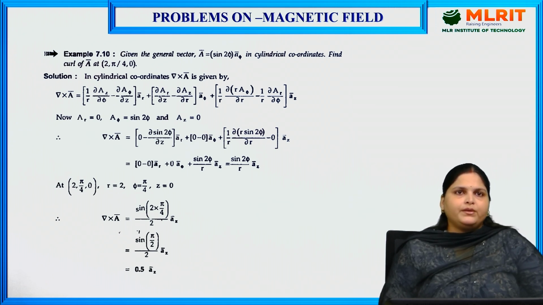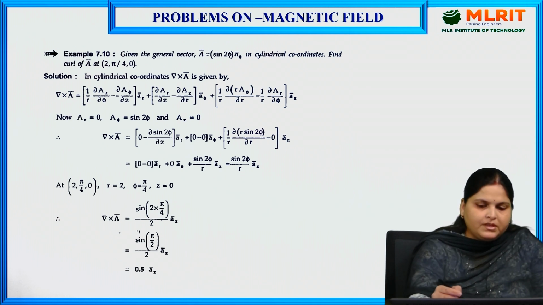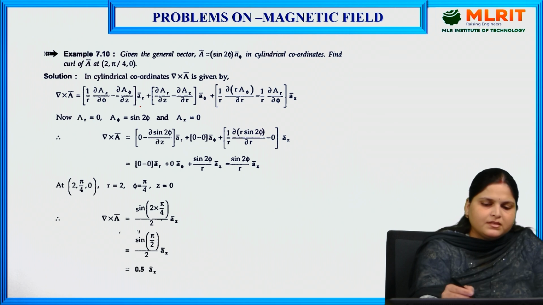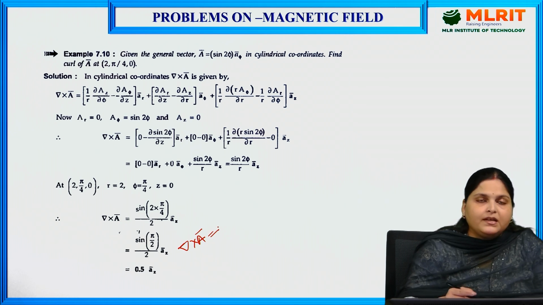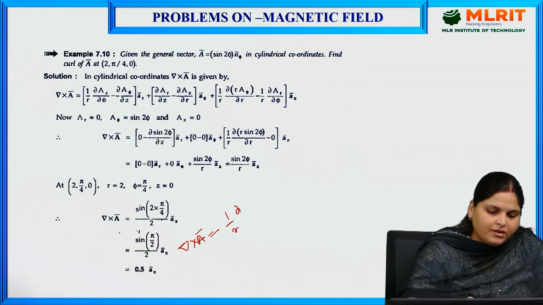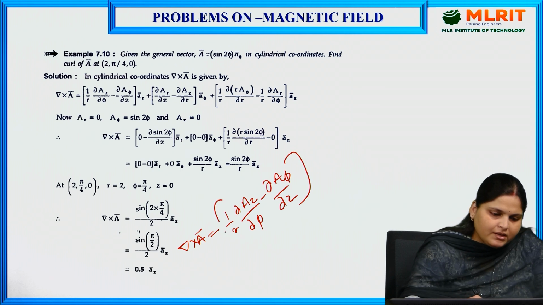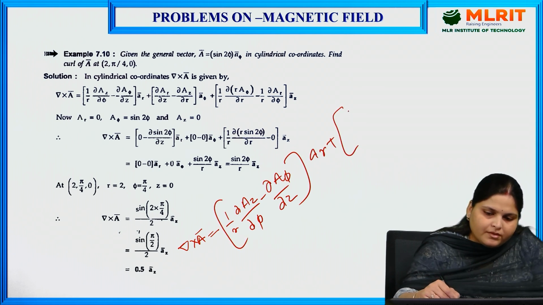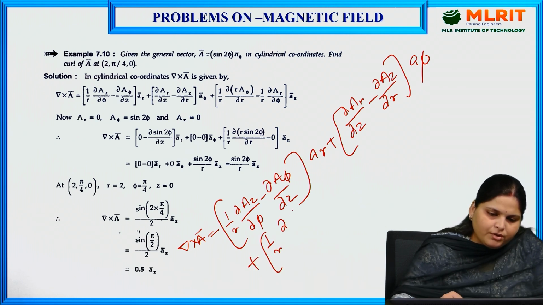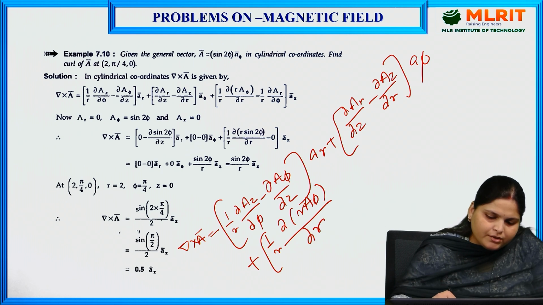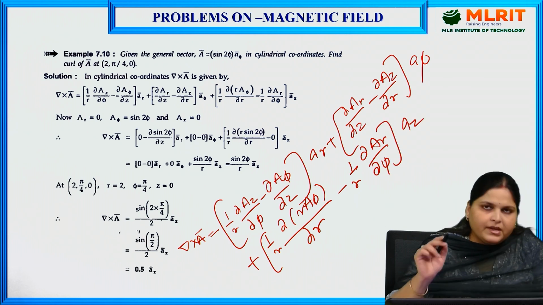Let's solve it. Del cross A, the formula of the curl of any vector in the cylindrical coordinate system, can be written as 1 upon r (dou Az by dou phi minus dou A phi by dou z) ar plus (dou Ar by dou z minus dou Az by dou r) a phi plus 1 upon r (dou (r A phi) by dou r minus dou Ar by dou phi) az.